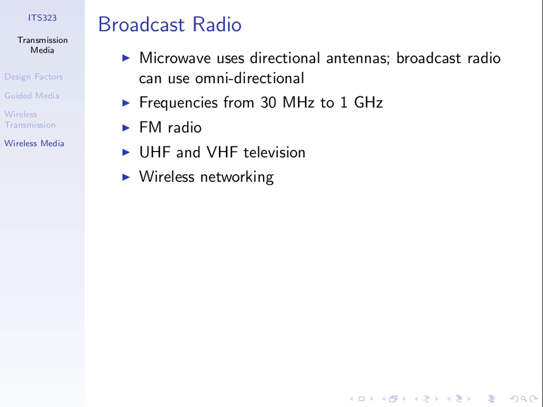Which brings us to the end of this topic. Any questions about those three examples? The main part about the wireless media is the concepts that we went through yesterday about path loss, which can be applied to all of these three examples.